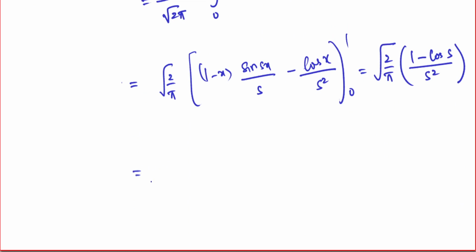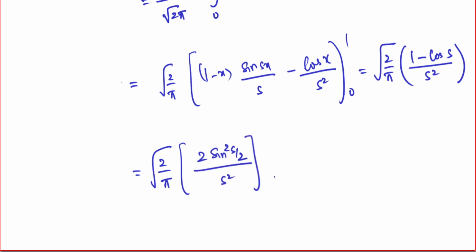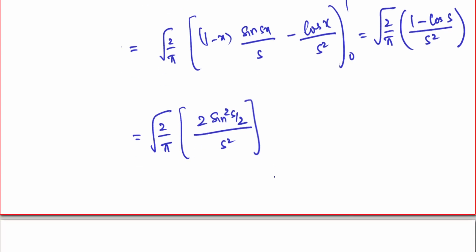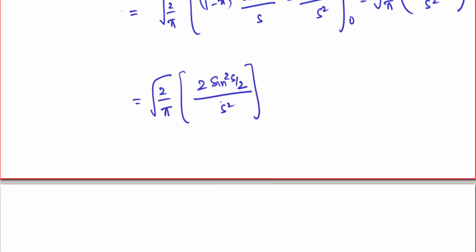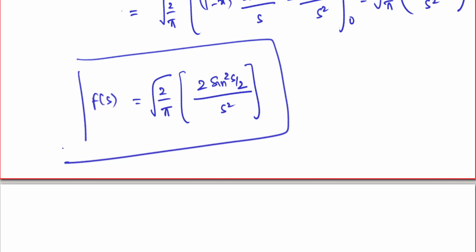So this is square root of 2 by pi into, what is my 1 minus cos s? 1 minus cos s is nothing but 2 sine square (s by 2), divided by s square. That's it. Now this is fully in sine. So this is nothing but my Fourier transformation of f.